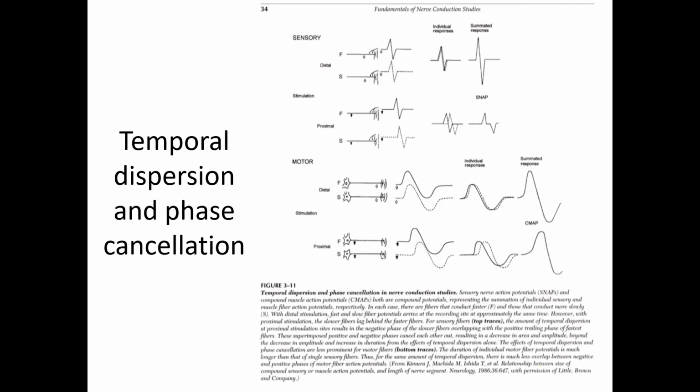The larger, faster conducting fiber is already in its second half of the action potential, the trailing positive peak, while the slower fibers are in the negative peak, so they cancel each other. This is phase cancellation: the positive peak of the fastest fiber cancels with the negative peak of the slow fiber.